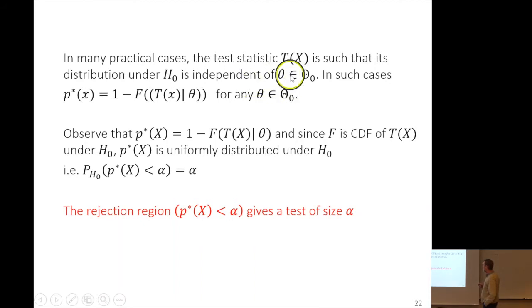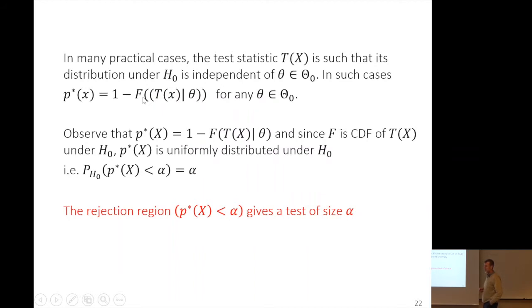Now, if we assume that capital T of capital X is a pivot, that means P star of X, the p-value, which by definition is 1 minus the CDF of T, where F is the CDF of this thing here, then it is 1 minus the CDF of T of X here.